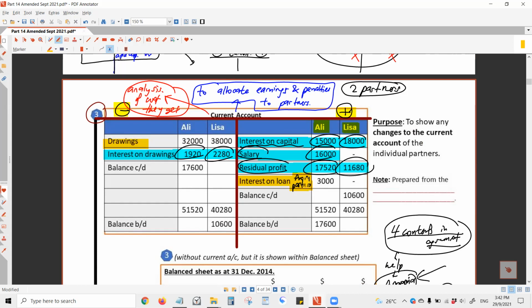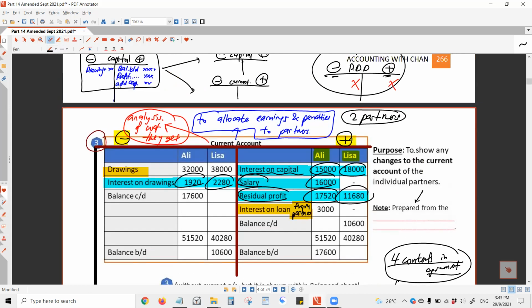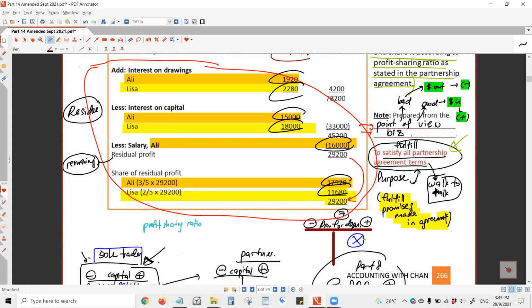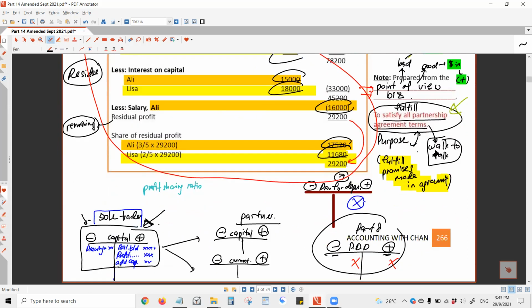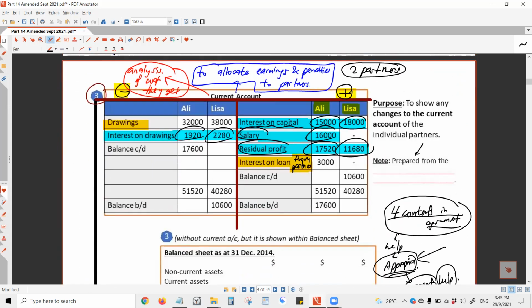Okay, now let's understand why some items on the debit side, why some items on the credit side. You prepare the appropriation account from point of view of business, right? Money getting out of business minus, money getting into the business plus for appropriation account. For this current account, we are doing analysis of what each partner gets, what are their earnings and penalties.